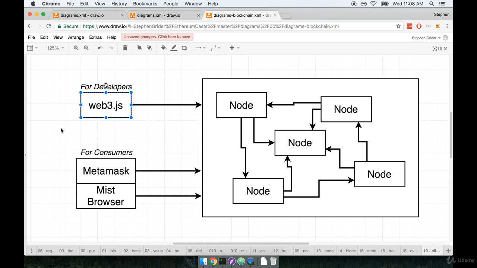You can think of Web3 as being our sort of portal or our window into the Ethereum network, and it's going to allow us to send money, store data, deploy contracts, or do essentially whatever we want to do on the network.